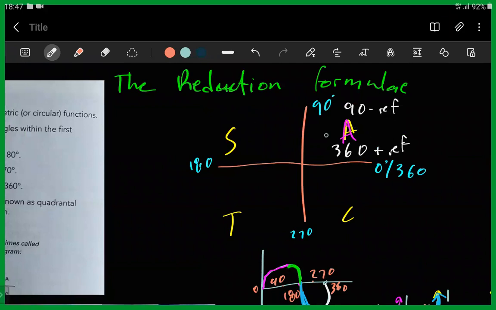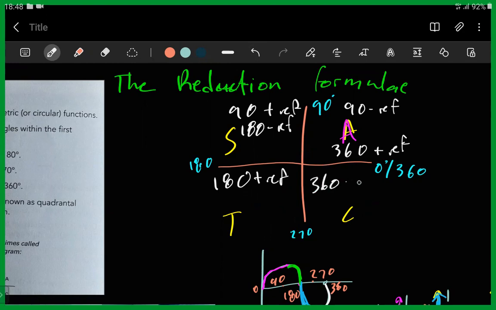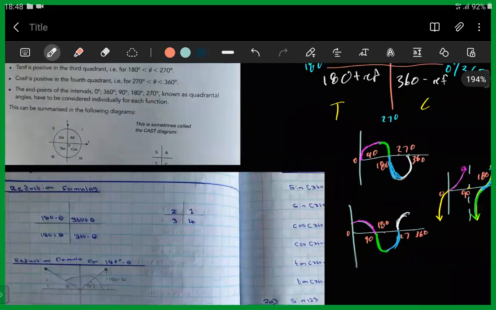In this next one, you can have 90 plus, or you can have 180 minus. In the next one, you can have 180 plus only, because you don't work with 270. So you don't work with it. For the last quadrant here, you will work with 360 minus.